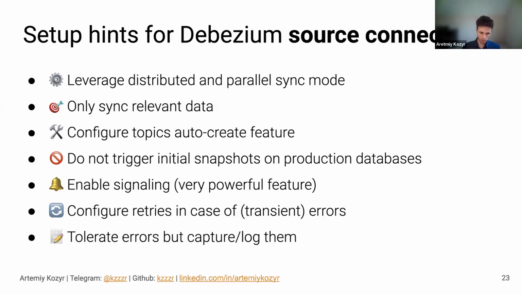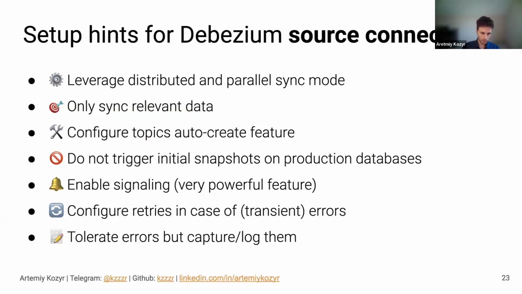Then I would suggest you configure retries, because errors like network error, connection not available are common, and retries give you fault tolerance just in case transient errors occur. So you would still go on if something glitches for a minute and then goes back.